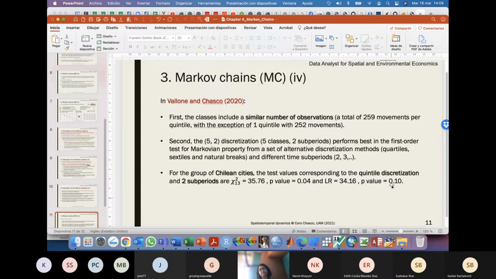The likelihood ratio allows rejecting with 90% confidence, but it is not so high. So perhaps we have some doubts that this structural change in the middle is so significant. Okay, this is our conclusion.